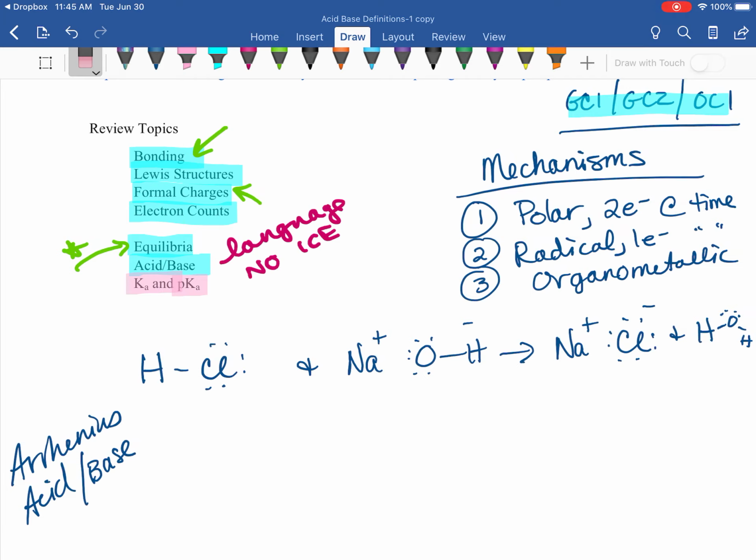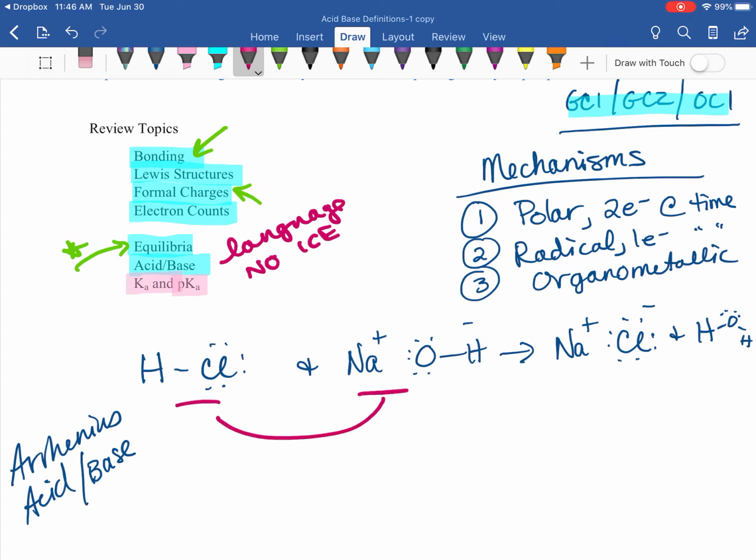What are bonds made of? Electrons. So if you really want to understand how a reaction happens, you need to show making and breaking bonds. And not just, hey, this ends up here. You're going to literally track the electrons.